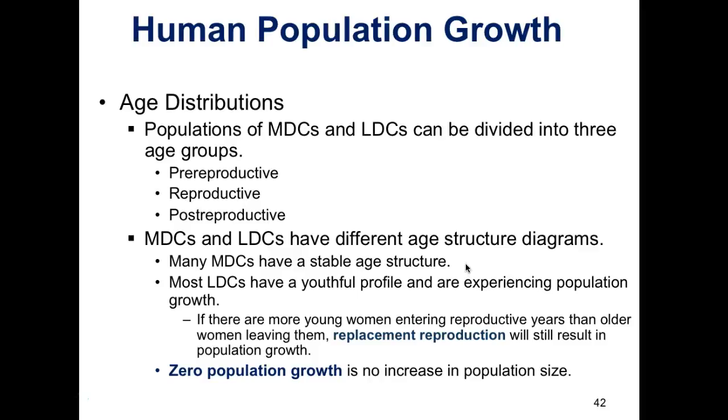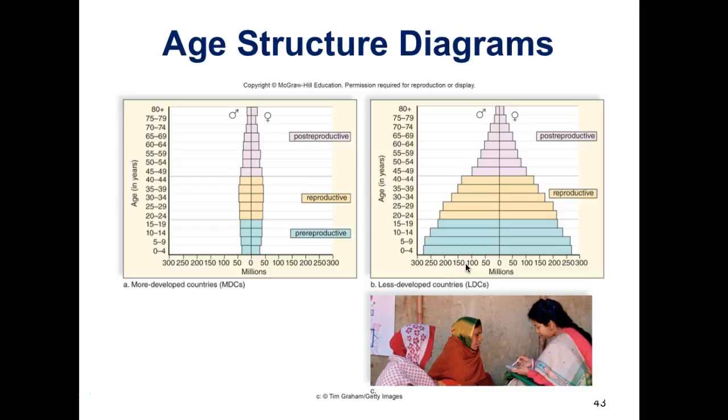Let's look at this in an age structure diagram. Here it is. So pre-reproductive in light green, reproductive in yellow, post-reproductive in pink. You have male on one side and female on the other side. So the male is projected to the left, female is projected to the right.